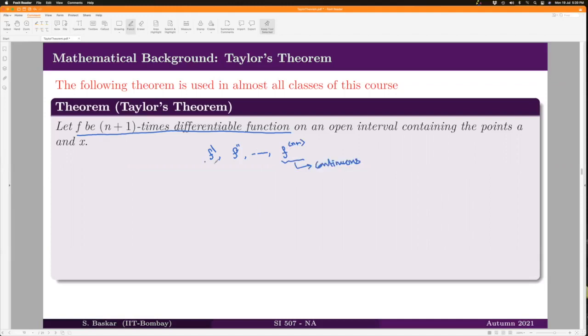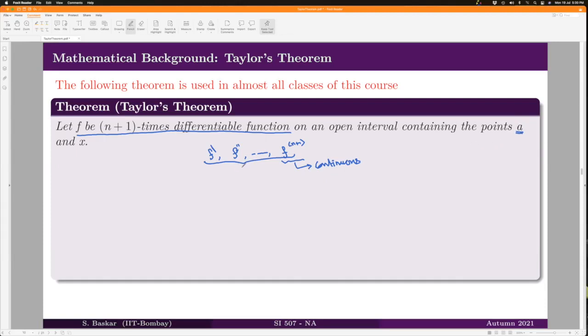In fact, in this case, all these functions are also continuous functions, right? So we assume that f is n+1 times continuously differentiable on an open interval containing the point A. The point A is the point around which we would like to approximate the function f by the Taylor polynomial.